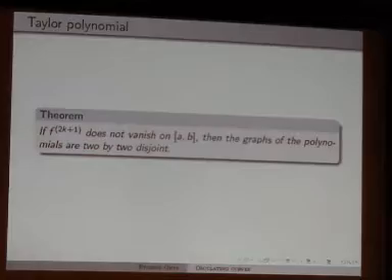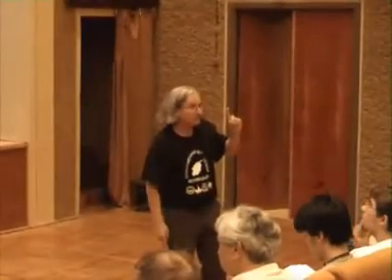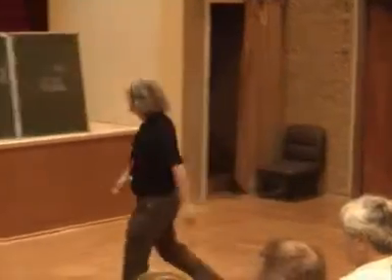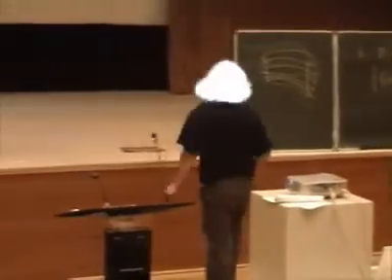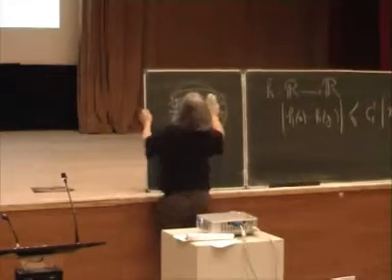Then I claim that if you draw the graphs of the polynomials, of degree 2k, then they don't intersect. Sorry, this is incomplete here.